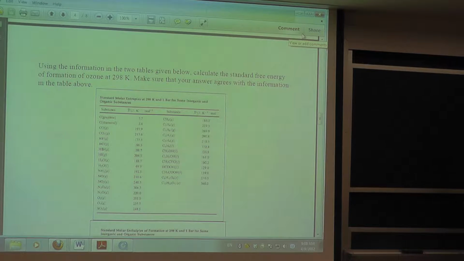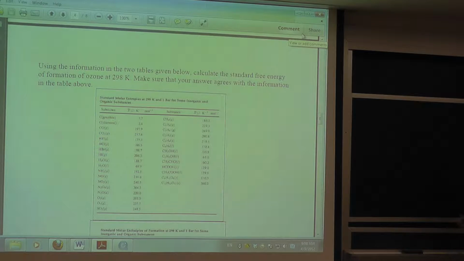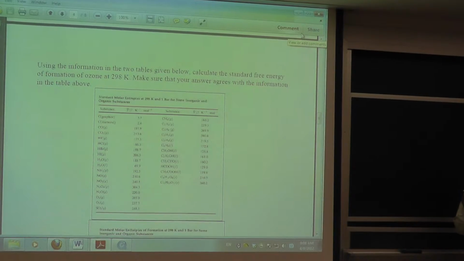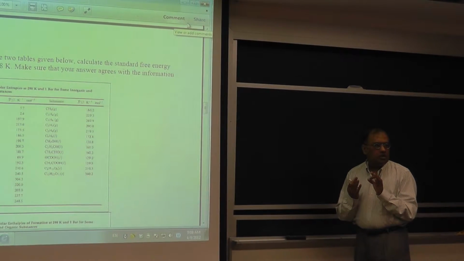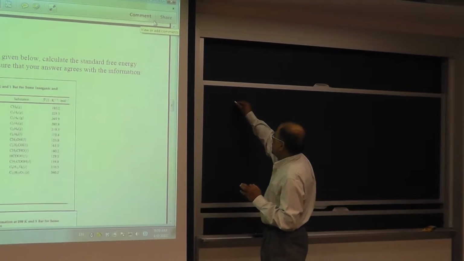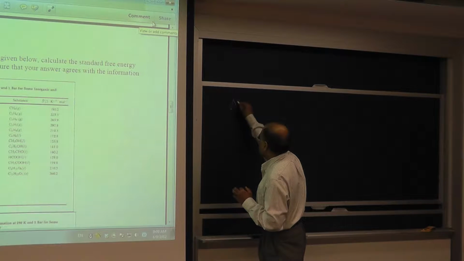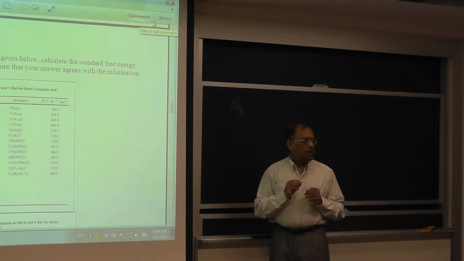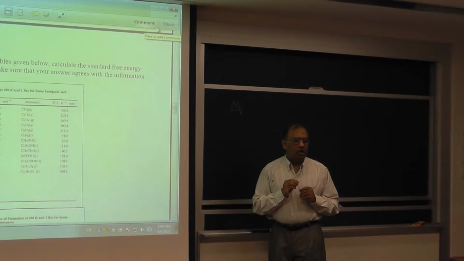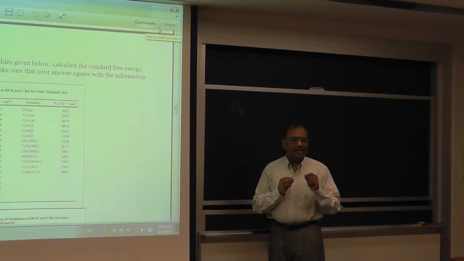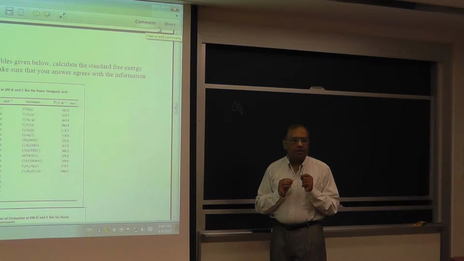A couple of things here. The entropies that are given are the absolute entropies. So what is given in the table is not delta S_f. What is given is the absolute entropy.